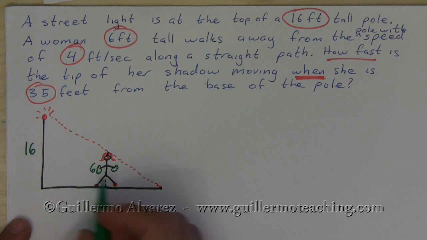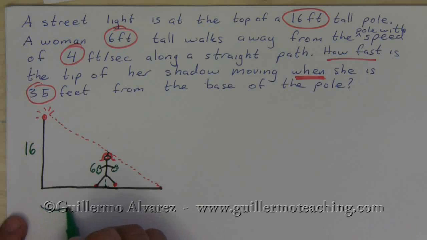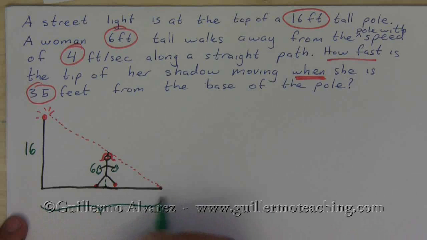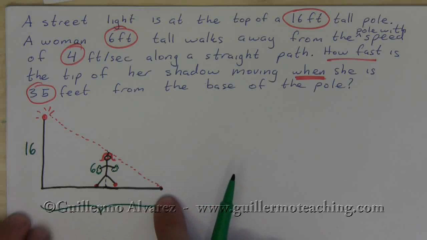Okay, so what we want to do, I guess, is finish labeling. Now since what we're looking for is how fast the tip of the shadow is moving, we're basically looking for how fast this distance is changing.